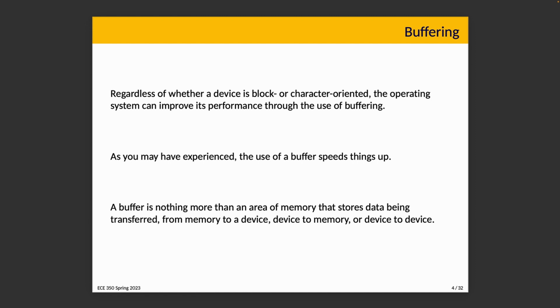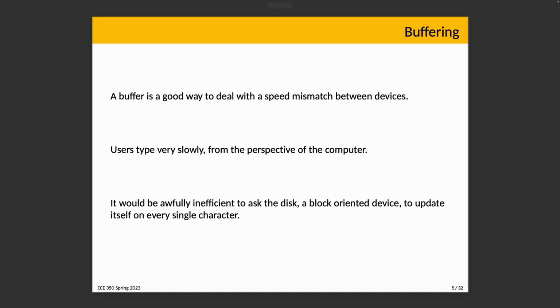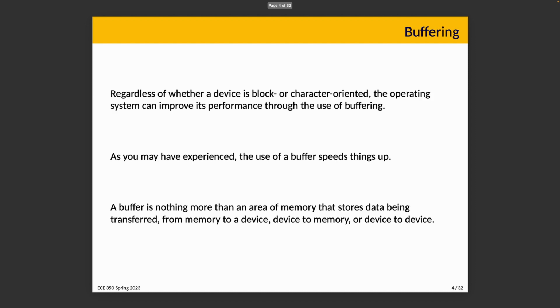And you might be familiar with buffering from something like watching an online video, right? When you watch an online video, whatever video it is, it's potentially delivered to your computer faster or slower than you're watching it, right?